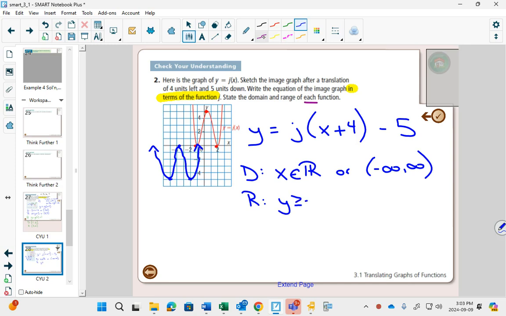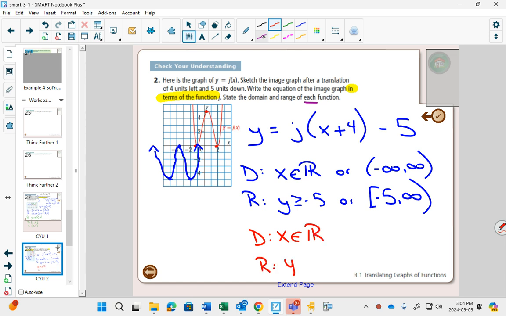So I could either write it like this, and I'll do the original one as well.